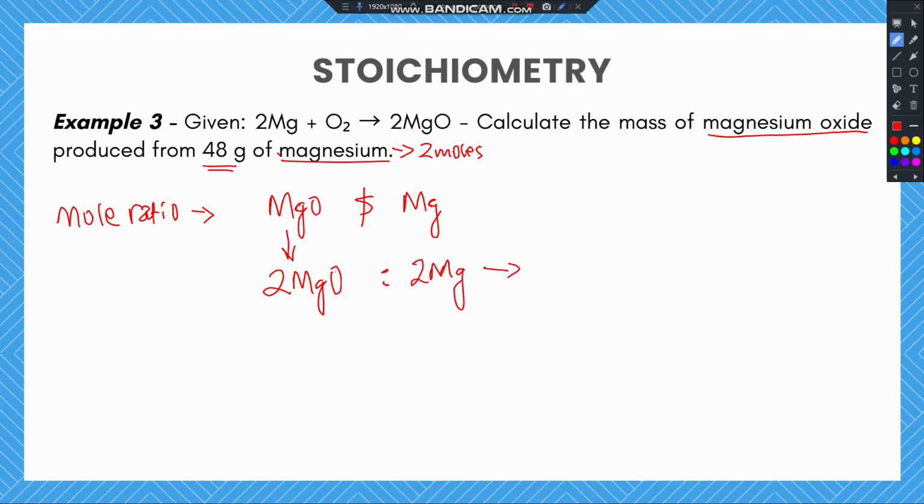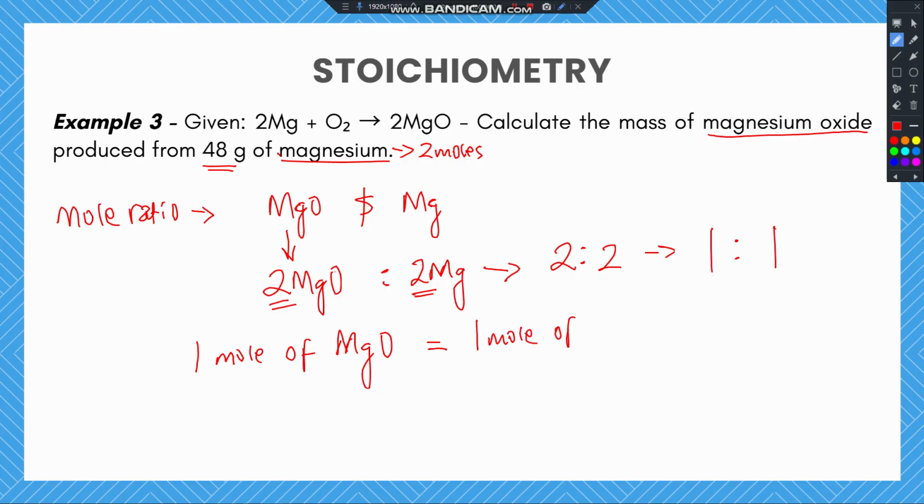So basically, this becomes 2:2 because each has a coefficient of 2 in front of it. Simplifying this, we have 1:1. What this means is that 1 mole of magnesium oxide is produced by 1 mole of magnesium. So that's the mole ratio.